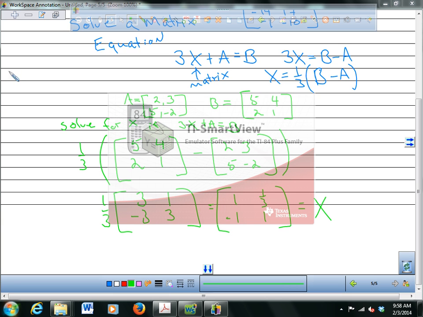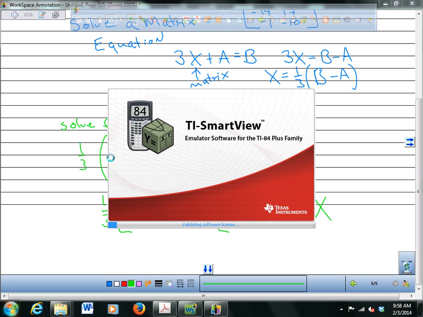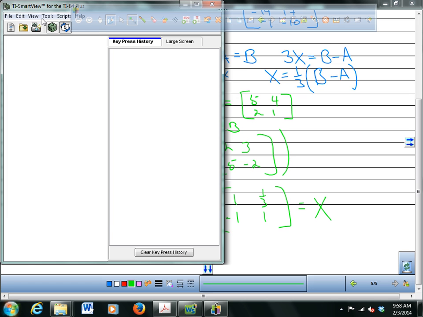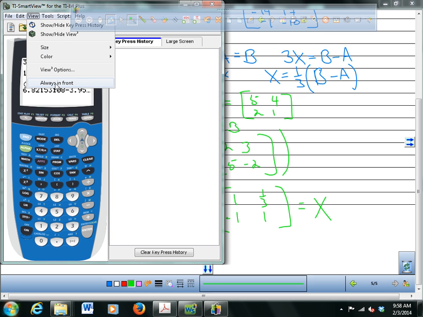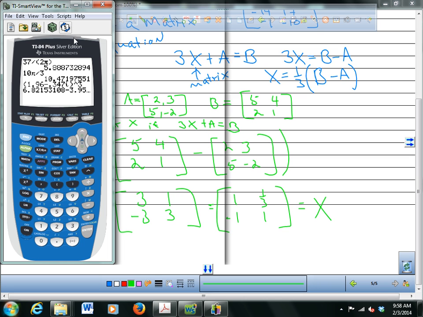So you go to your calculator. First thing you would do is you go to matrix, which is second matrix, and you go up to edit.